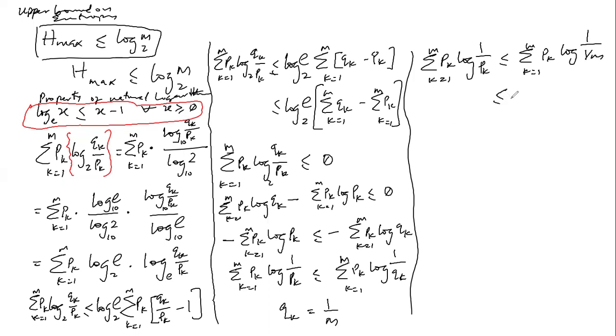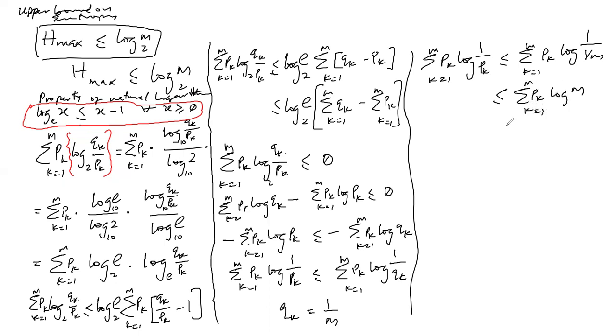This will now be the same as the sum of p sub k, k equal to 1 to m, times log m.